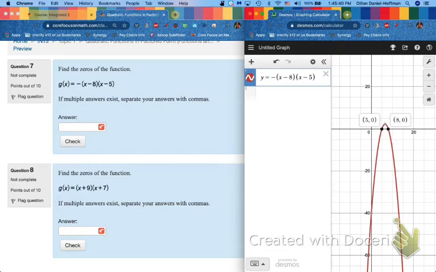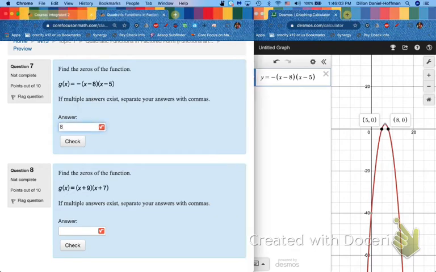But this is another one of those where it's even easier to just look at my equation and ask myself, okay, the zeros of the function, especially from the x perspective, mean what values can I plug into my x's and get 0? So in other words, if I ignore this negative and I ignore this x minus 5, what number minus 8 is 0? Well, positive 8. It says separate your answers with a comma, so I'm doing that now.